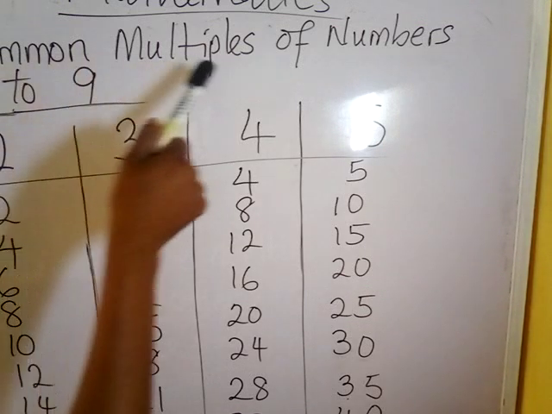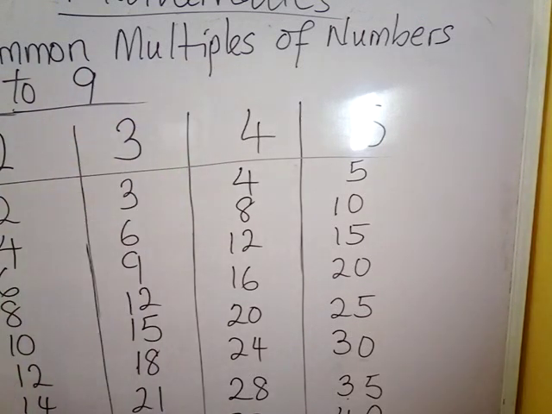Now when we talk of common multiples of numbers, what that means is a particular number that will be got when certain numbers are multiplied by other whole numbers.